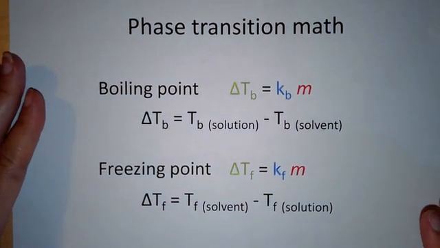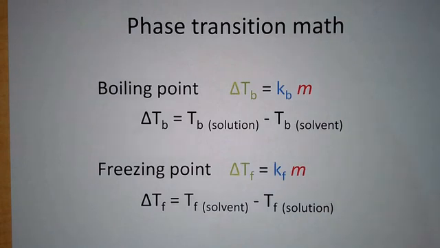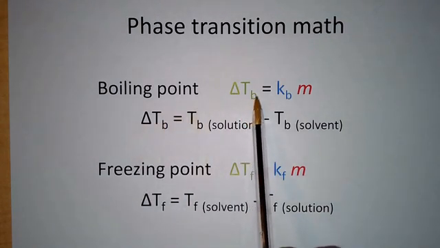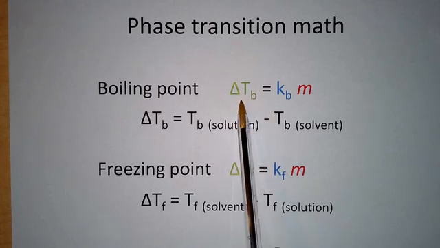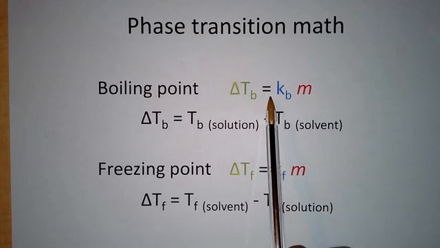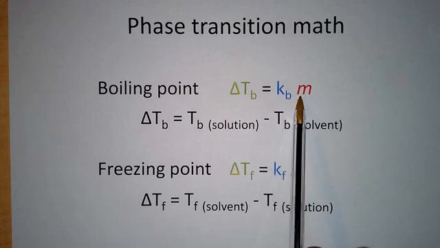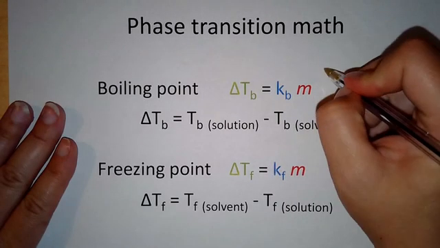Alright, so let's look at the math for each of these. For boiling point elevation and for freezing point depression, the equations look very similar. We're looking at the change in the temperature from the solvent alone to the solution is proportional to the molality. So this funny m here is molality.